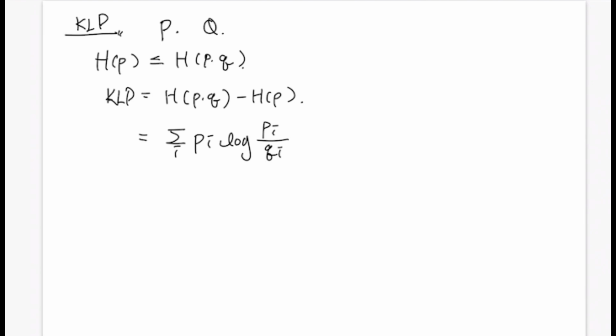And as I said before, the mutual information for x and y is defined as KL divergence of p(x, y) and p(x)p(y).